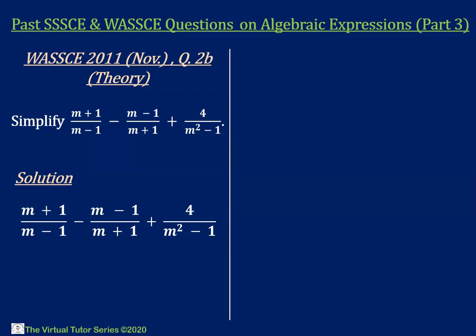As you are already aware, the first step in simplifying an expression involving the addition or subtraction of algebraic fractions is to determine the lowest common multiple, or LCM, of the denominators.